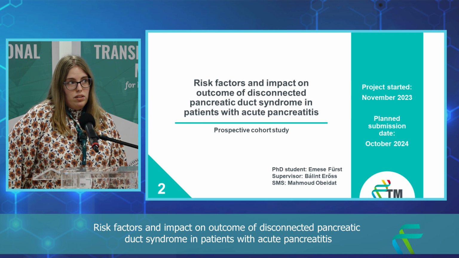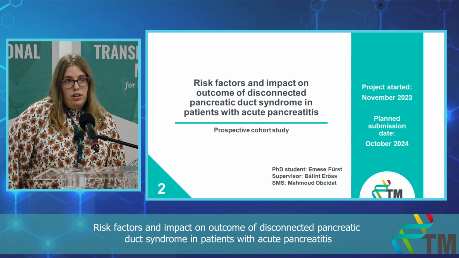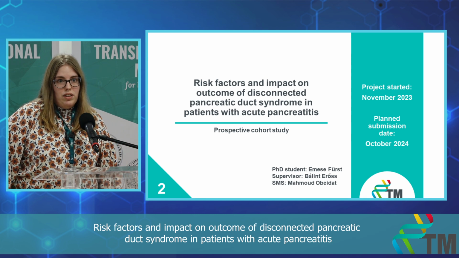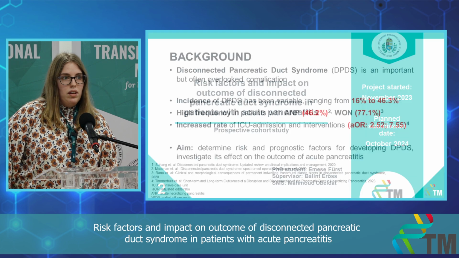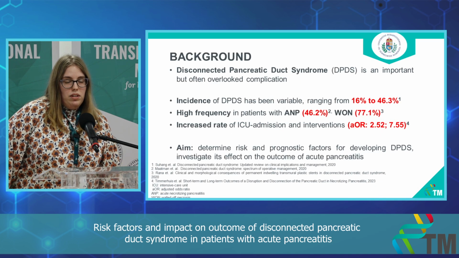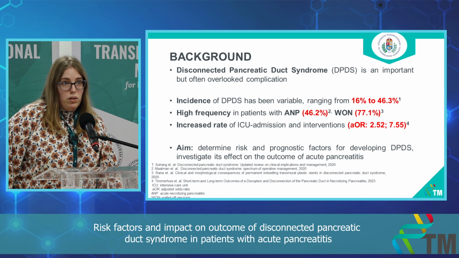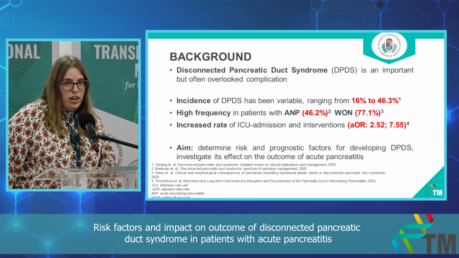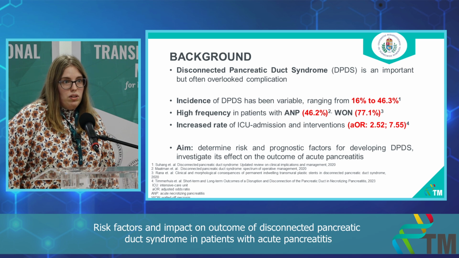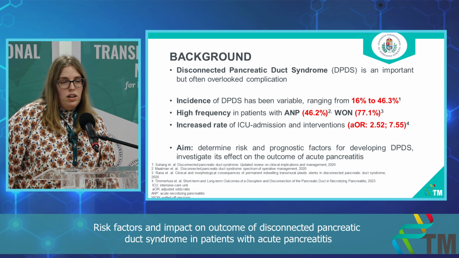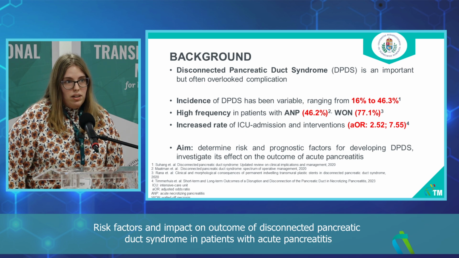So our second project would be focusing on disconnected pancreatic duct syndrome, its risk factors, and its impact on the outcome of acute pancreatitis. What is known? Disconnected pancreatic duct syndrome is an important but often overlooked complication in patients having acute pancreatitis. The literature has shown variable incidence ranging from 16 to 46%.